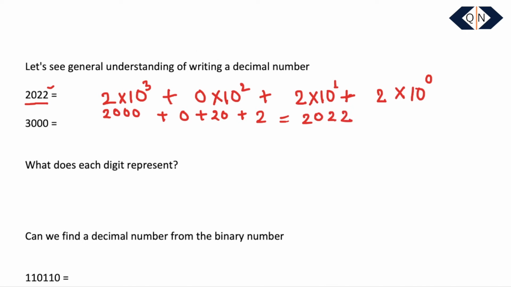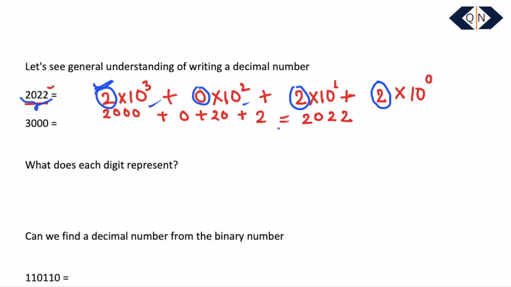So what is going on here? Every digit is representing these powers, they are playing a significant role. Here it is 0, so the complete element becomes 0. Now see which one is making the most contribution in making 2022.